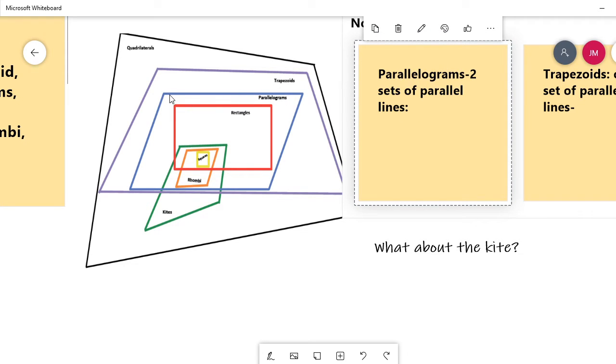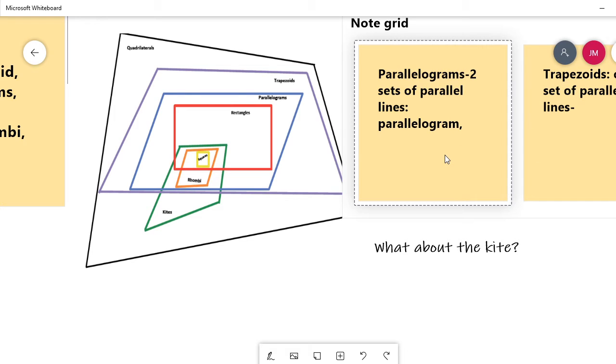But what about the parallelogram itself? Yes, it is. It's a parallelogram. Okay. Can a rectangle be a parallelogram? Of course, it has two sets of parallel lines. These two segments and the opposite segments, vertical segments.